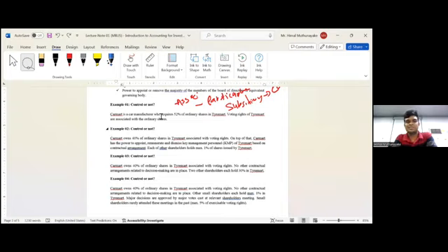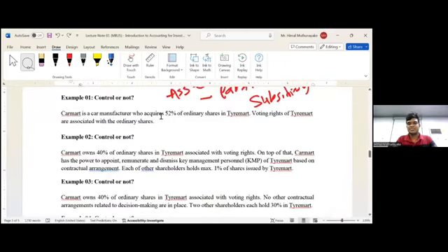If you got this wrong, you need to think again, because I told you, if one company holds more than 50% of the voting shares of another company, it builds a parent subsidiary relationship, right? Parent subsidiary relationship, more than 50%.